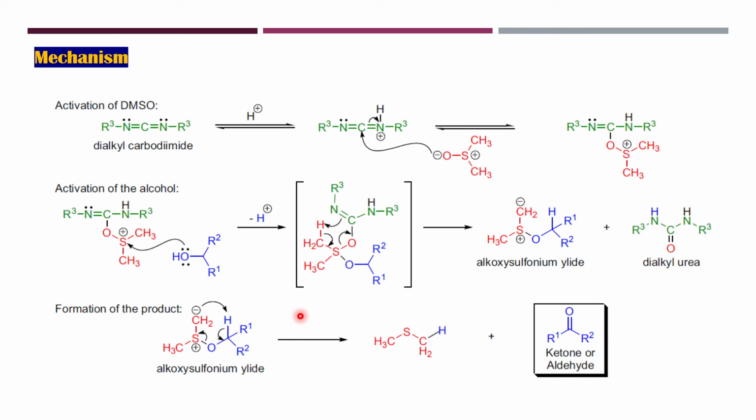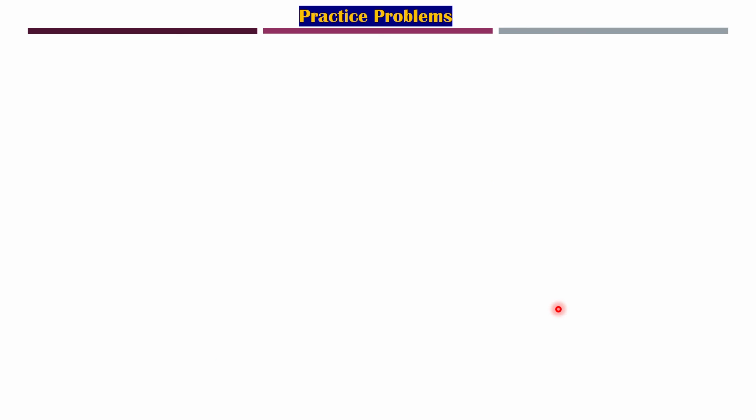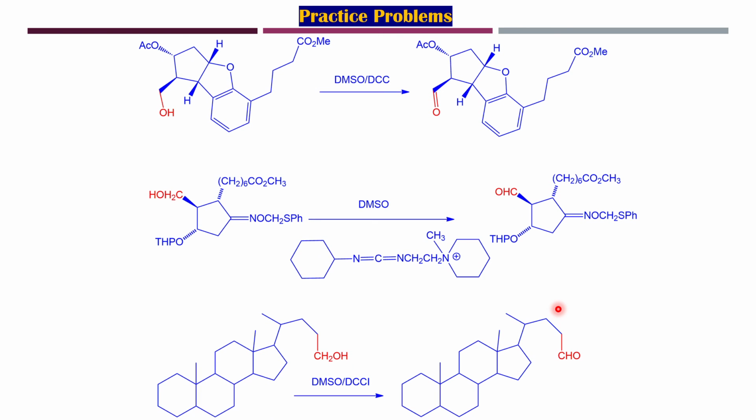Now this particular intermediate, which is the ylide, will undergo intramolecular hydrogen abstraction, and that leads to the formation of this thioether, which is the DMS, and we are forming the oxidized product over here.